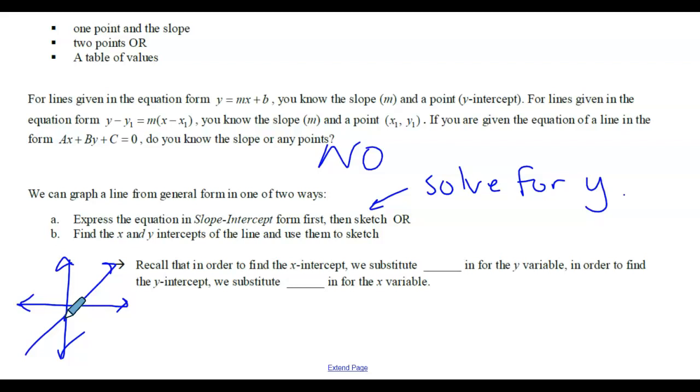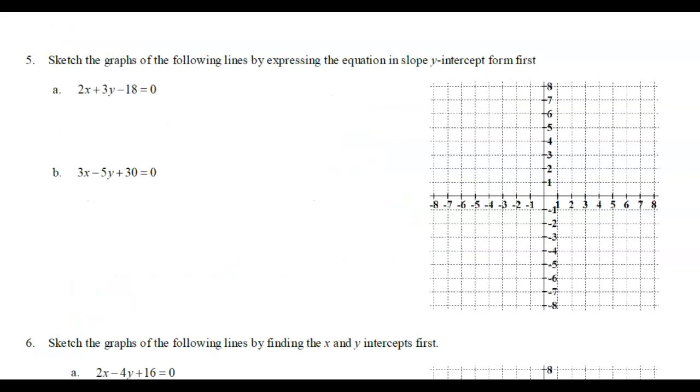When we were finding the x-intercept, we substituted y equals 0 in. So we substitute 0 in for the y variable. To get the y-intercept, we substitute 0 in for the x variable. Okay? So that's what we're going to do on the next page here.